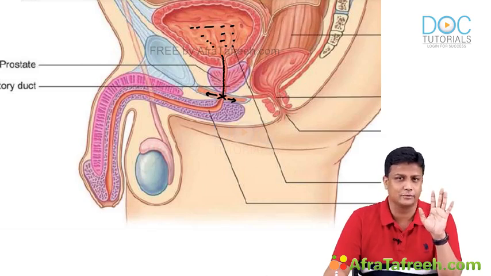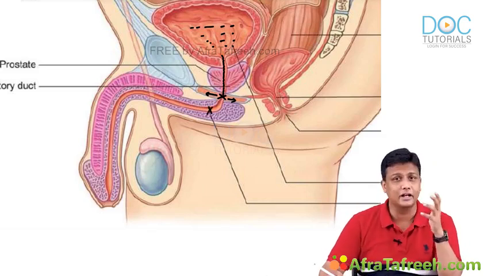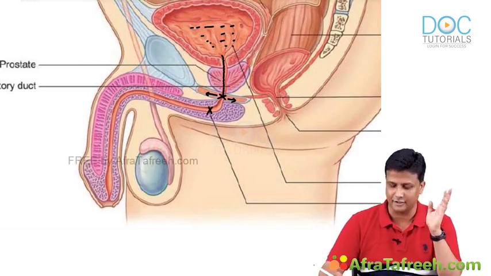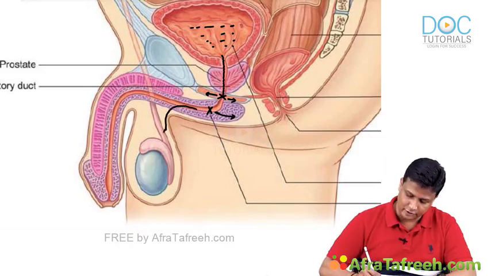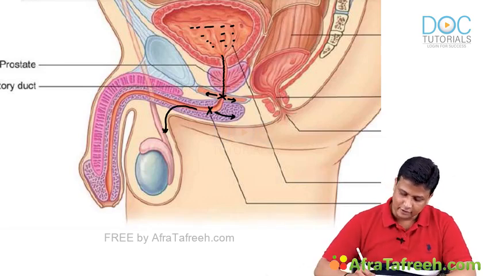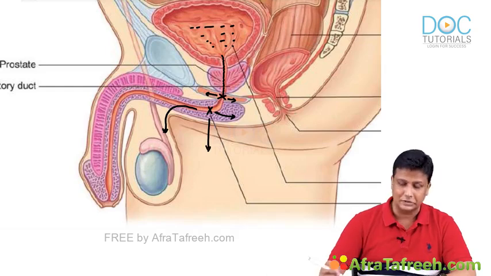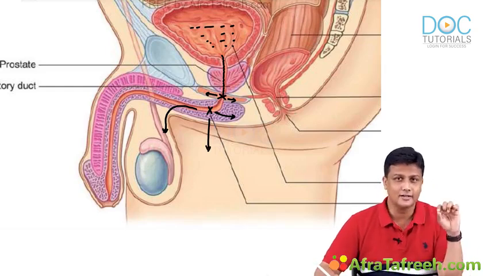So when there is a rupture of the membranous urethra, the urine goes out only into the deep perineal pouch. But if there is a rupture of the spongy urethra, or the penile urethra, that is a very bad condition. Why? Because the urine will extravasate into the superficial perineal pouch, which is in continuation with the scrotum. So the urine will also go into the scrotal sac. The urine will also go down into the thigh, up to a line referred to as Holden's line.